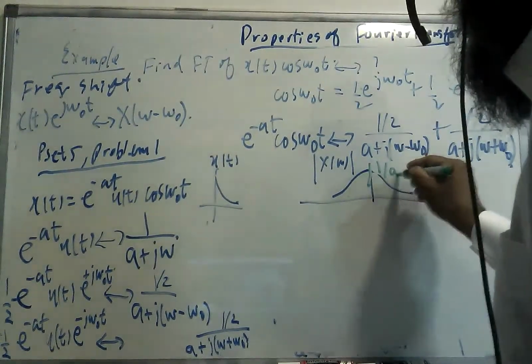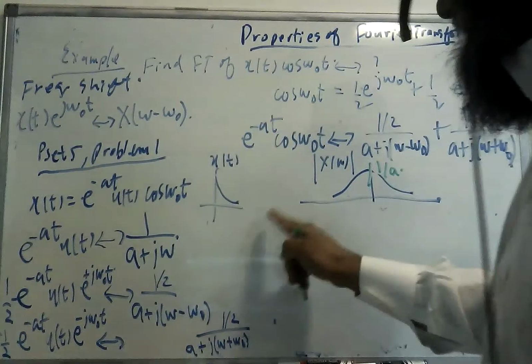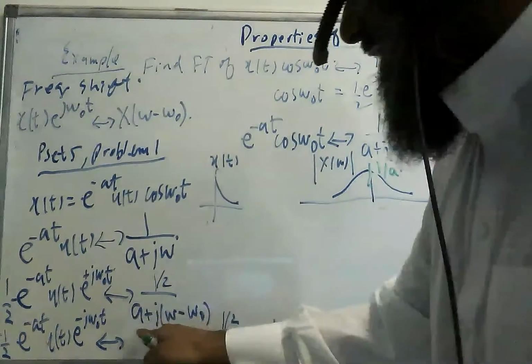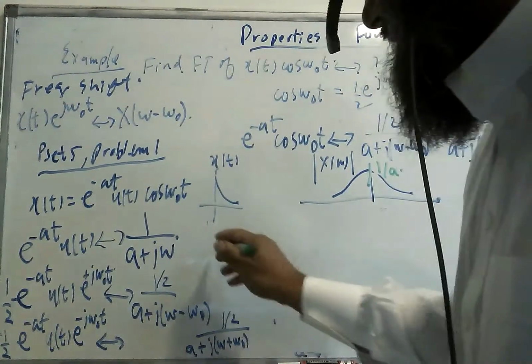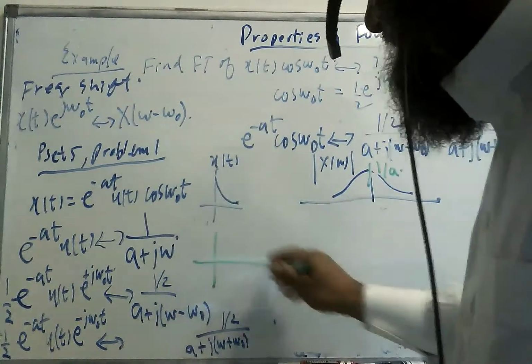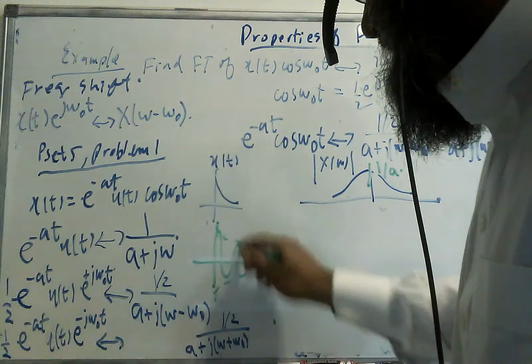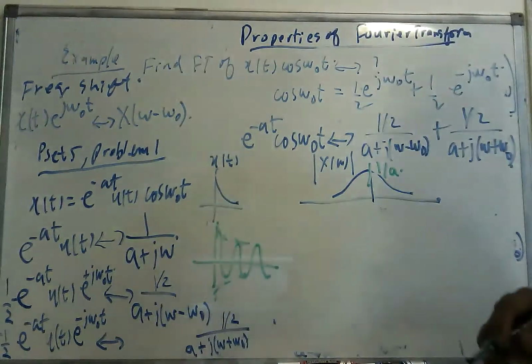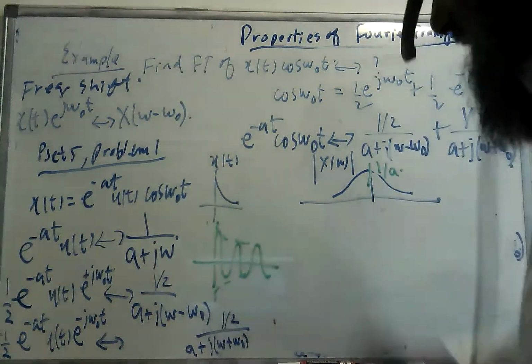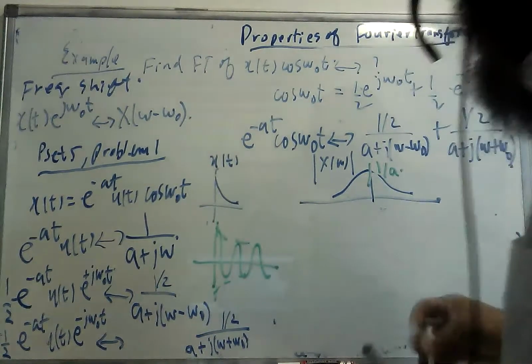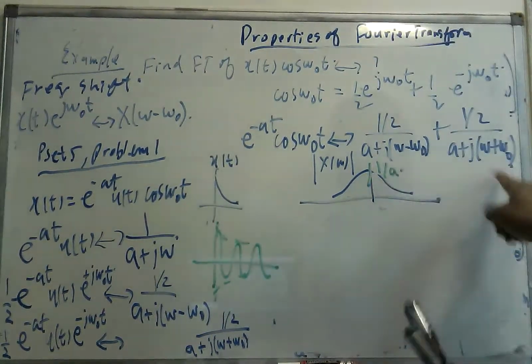Now when I shift it, when I multiply this by cosine, the function looks like this, as we did before, right? So in frequency domain, we just need to shift this to omega naught.